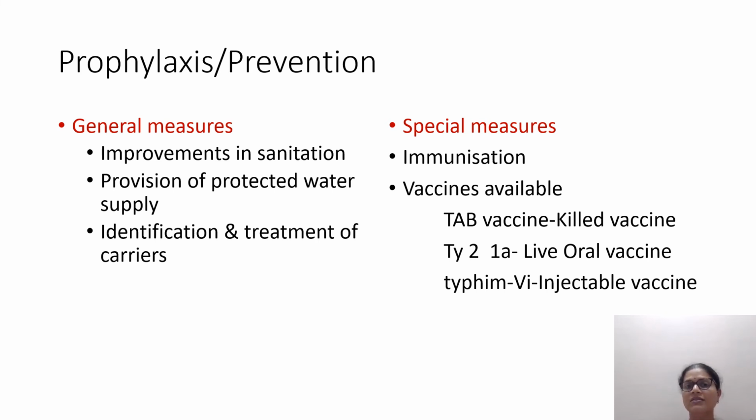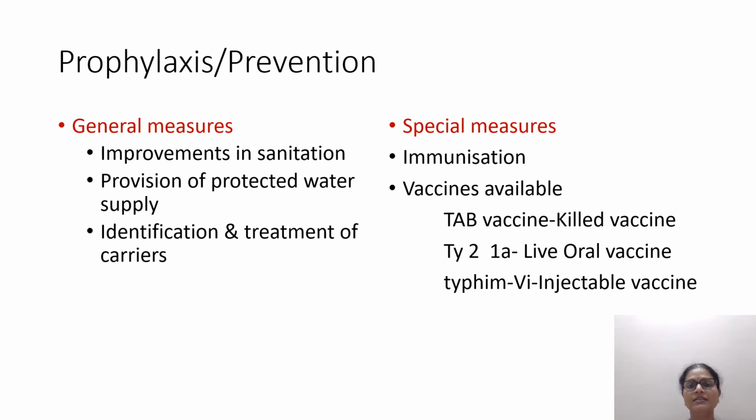The second vaccine is the Ty21a. This is a live oral vaccine. This is a mutant bacillus which, when introduced inside the body, initiates the infection but cannot cause the illness. One capsule of this vaccine has 10 to the power of 9 cells, and this capsule will usually be given on day 1, 3, 5 and 7.